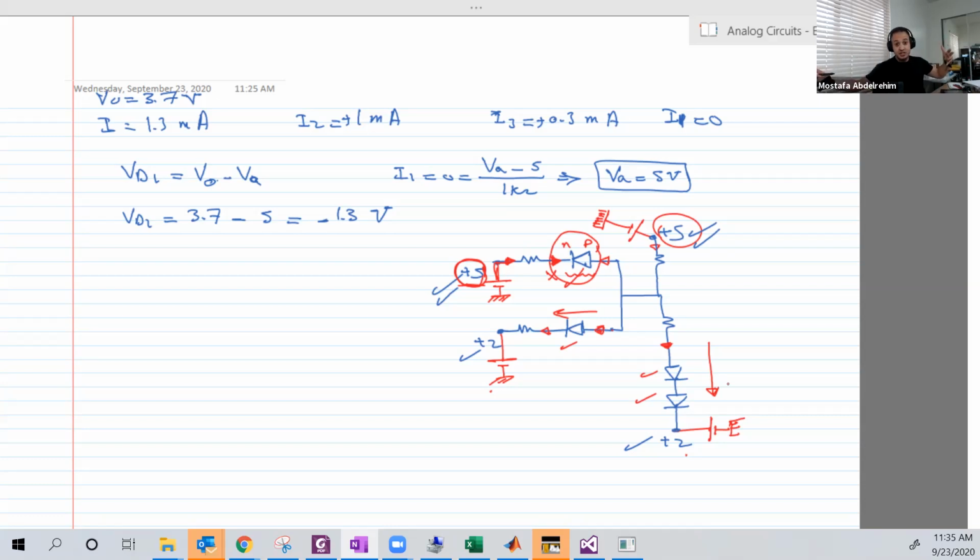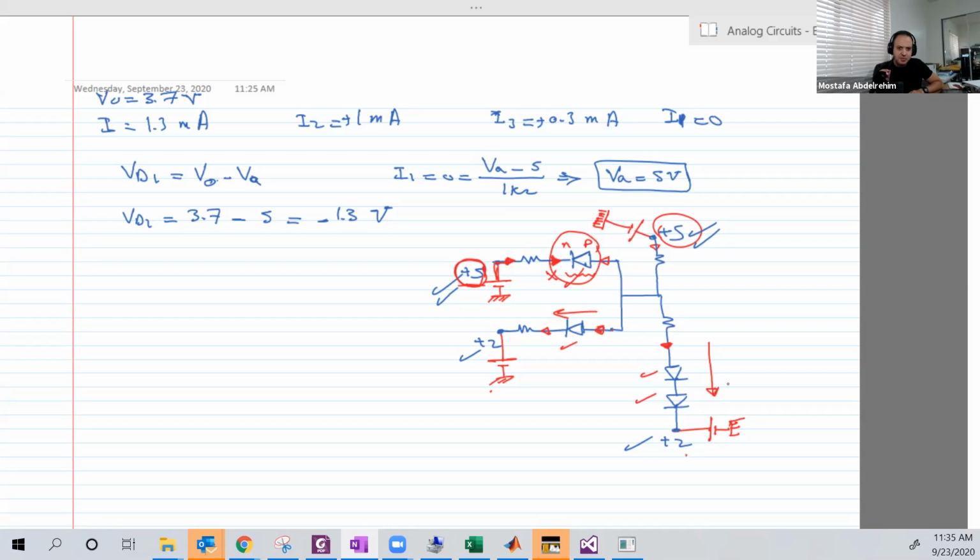The ones with positive current can be assumed on. The ones with negative current can be assumed off. Then you solve again. This is a smart guess, but it may not be true. That's fine. And keep going until you find matched results.